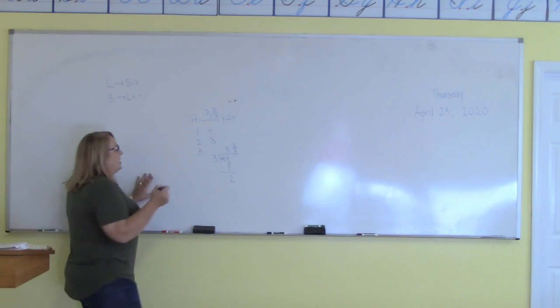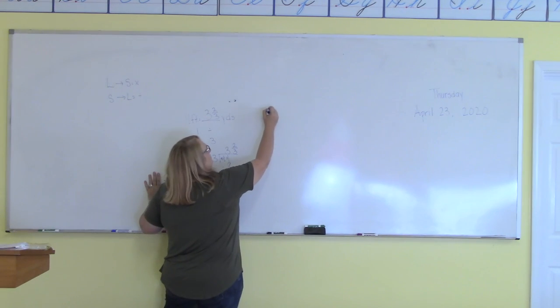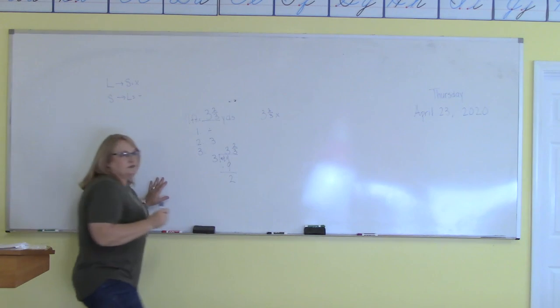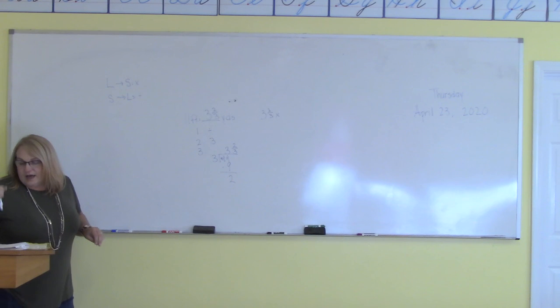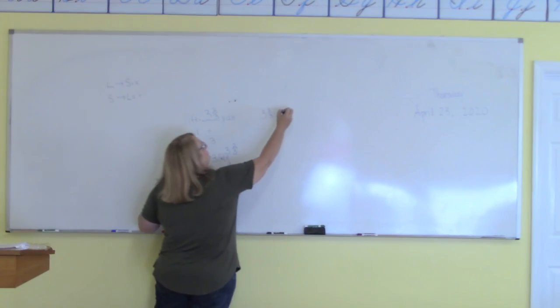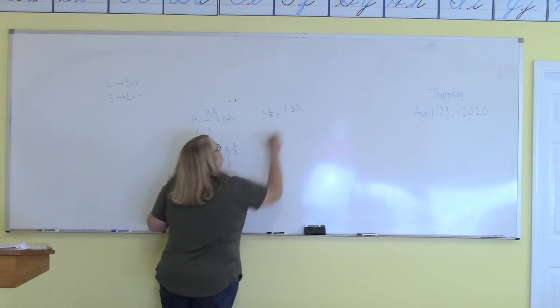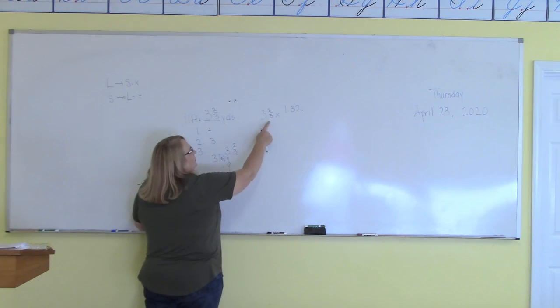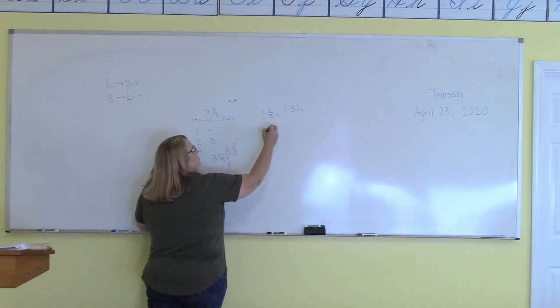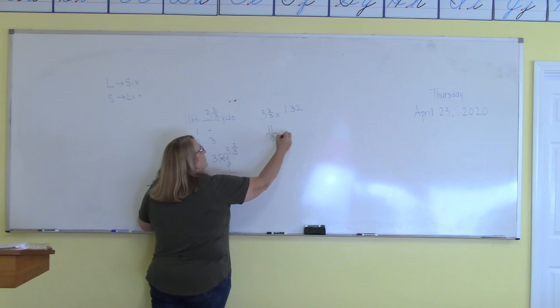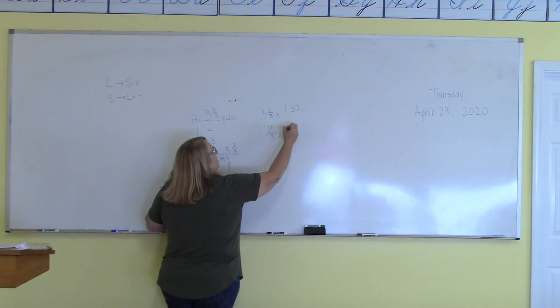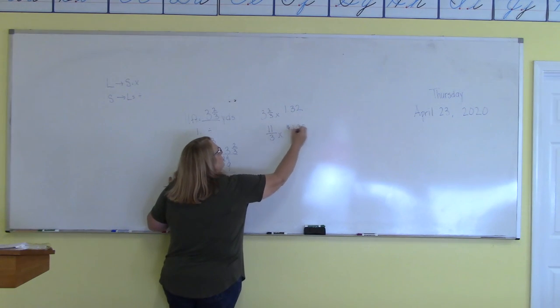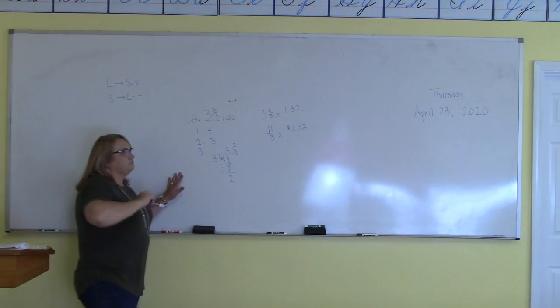Now you're going to take 3 2/3 and multiply it by $1.32. What do we have to do with a mixed number before we can multiply it? 3 times 3 is 9, plus 2 is 11, so 11/3 times $1.32 over 1.